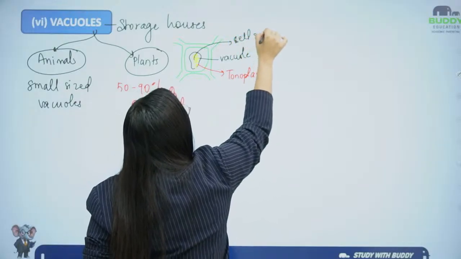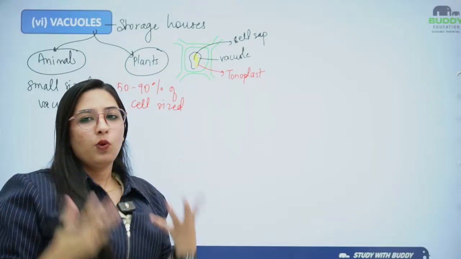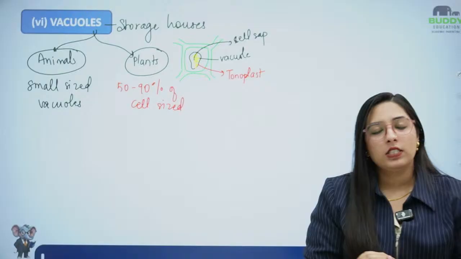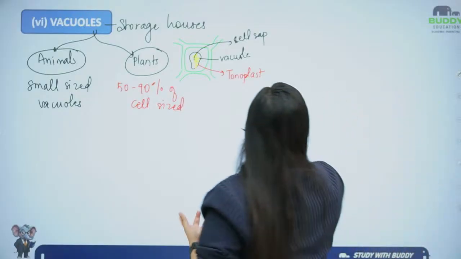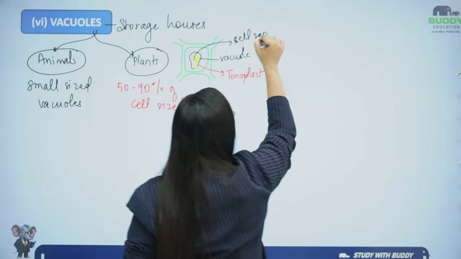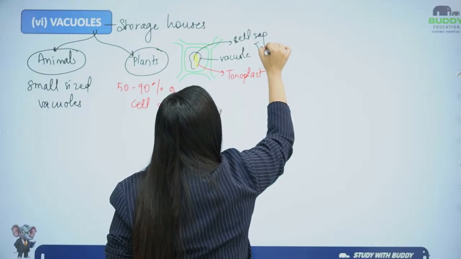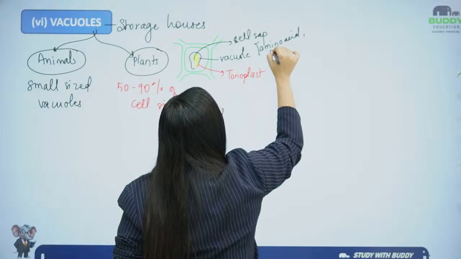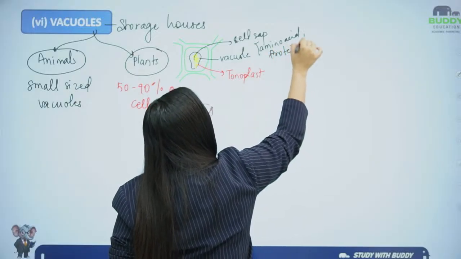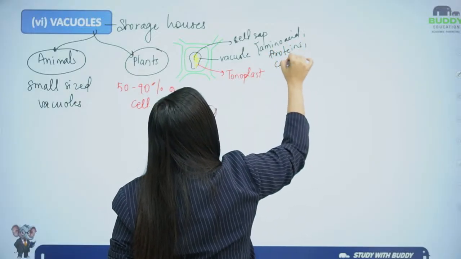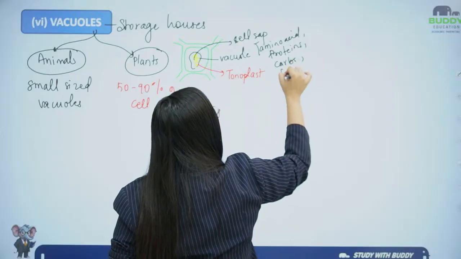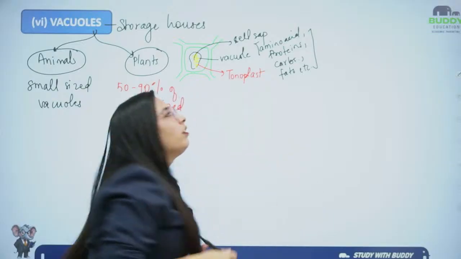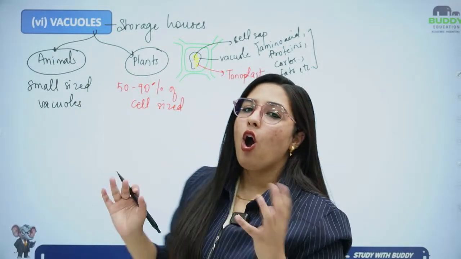The cell sap includes amino acids, proteins and multiple components. Let me write that down also. The cell sap includes amino acids, proteins, carbs, fats, etc. So this cell sap includes all these things.